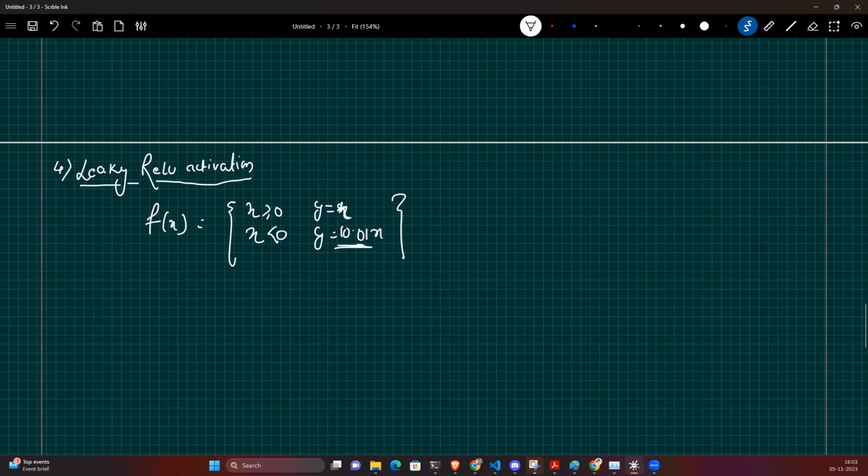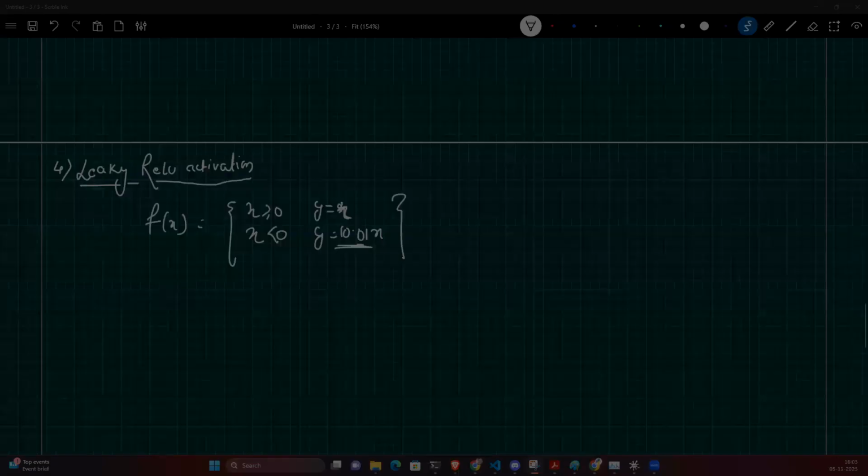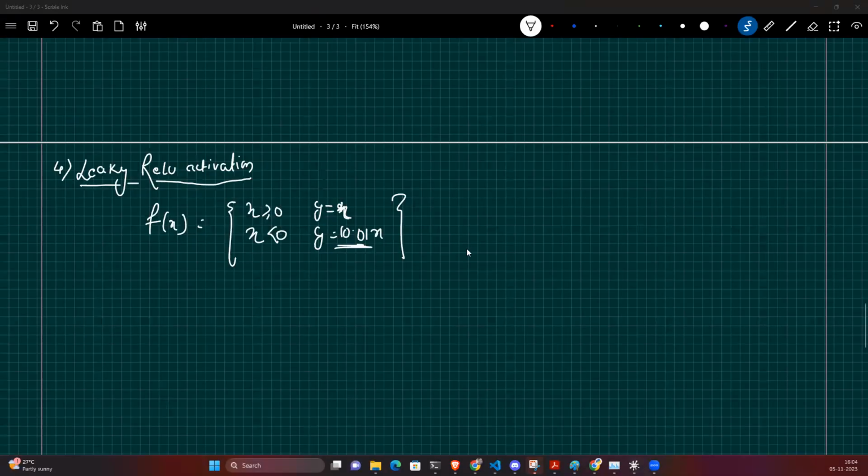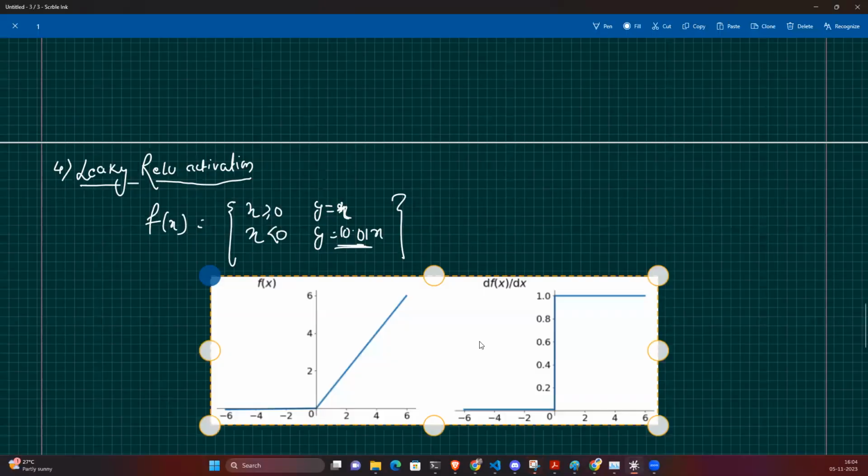And the graph of the leaky ReLU activation function is something like this.